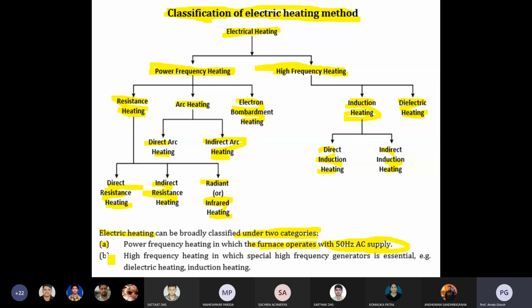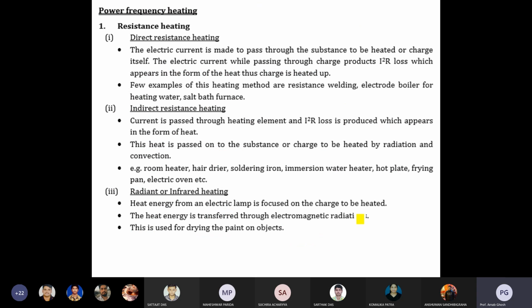Point B is high frequency heating, in which a special high frequency generator is essential. Examples are dielectric heating or induction heating, both of which can be used for high frequency. Now for power frequency heating, that is 50 hertz, we will start with that first.